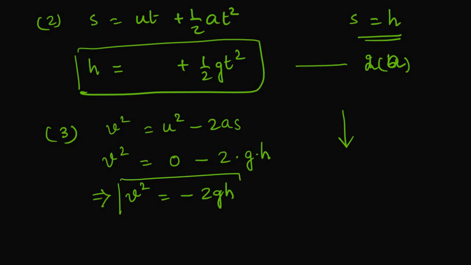So the final velocity can be termed in terms of 2gh. If we know g, of course we know g of earth, and if we know h, I can find out the final velocity. This is 3a. So these are some case studies of an object which is having free fall with initial velocity 0.